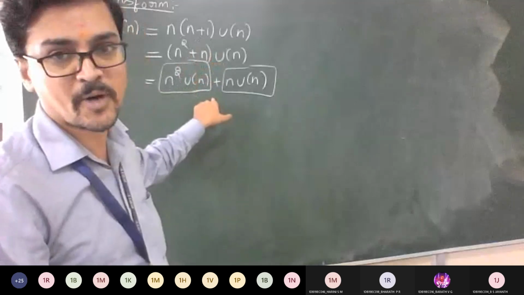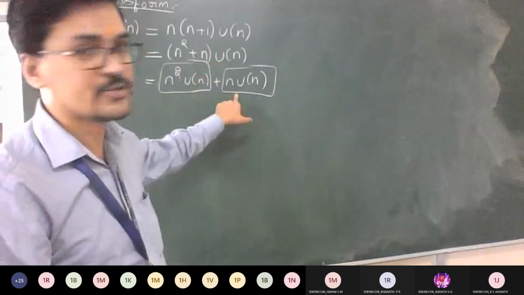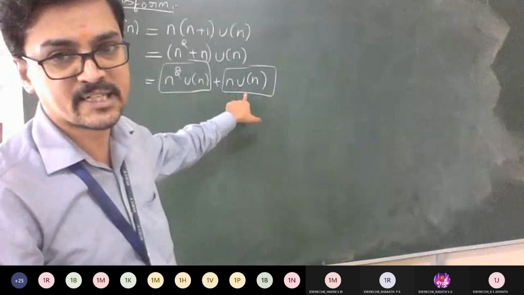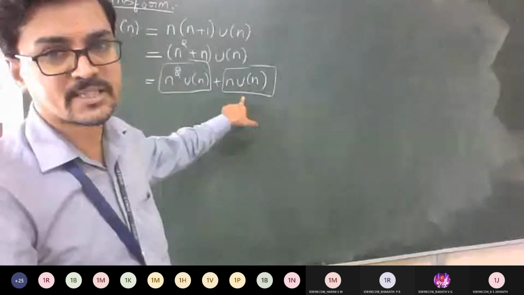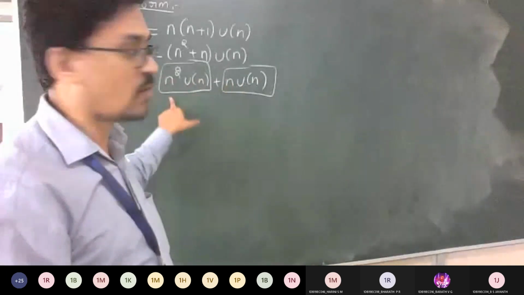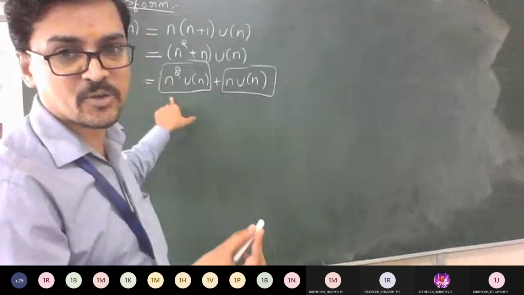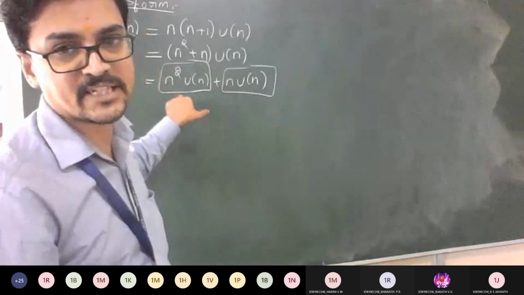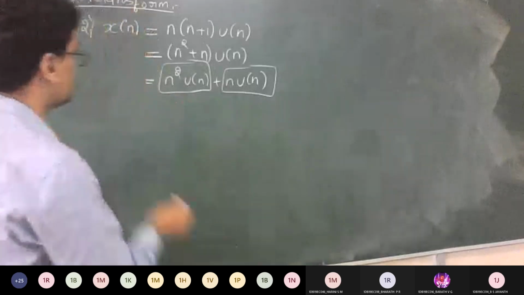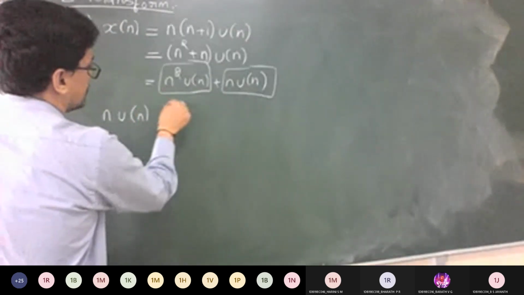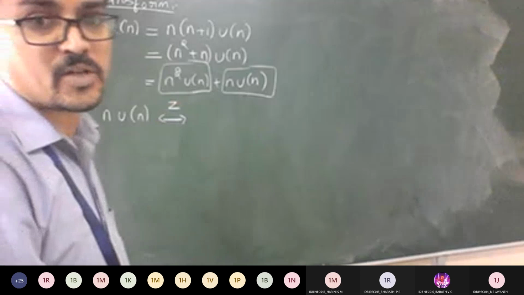So from here onwards, your property comes into the picture. Anyhow, you know the formula for n into u of n directly. So apply that logic. Then for n square, I need to do one more differentiation. That will get me the answer, right? So let's move on. So what is the Z transform answer for n into u of n, guys? I think you solved this yesterday. What was the answer you got?